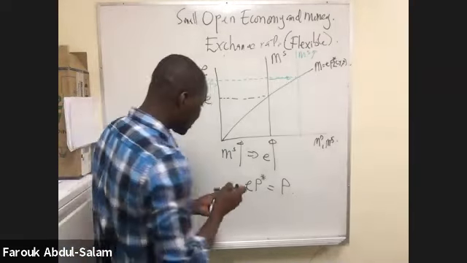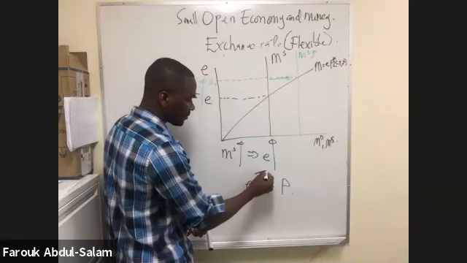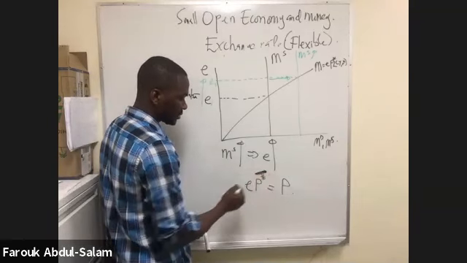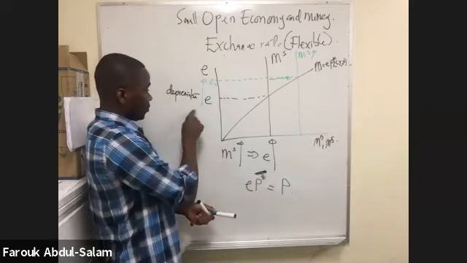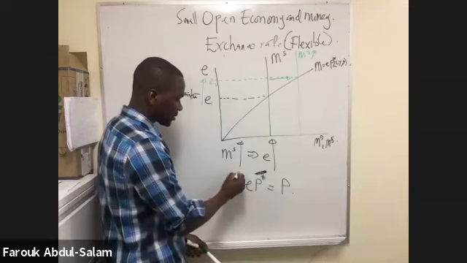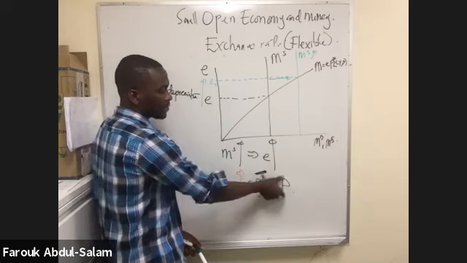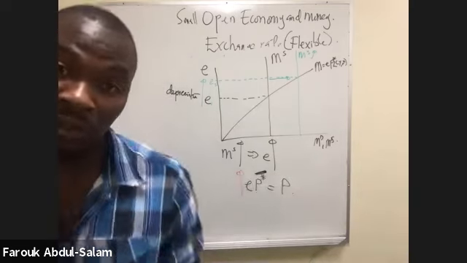Because P star is from foreign, nothing changes in the foreign market. What happens is that E tends to increase. So if P star is fixed and E has gone up, what happens to the domestic price?